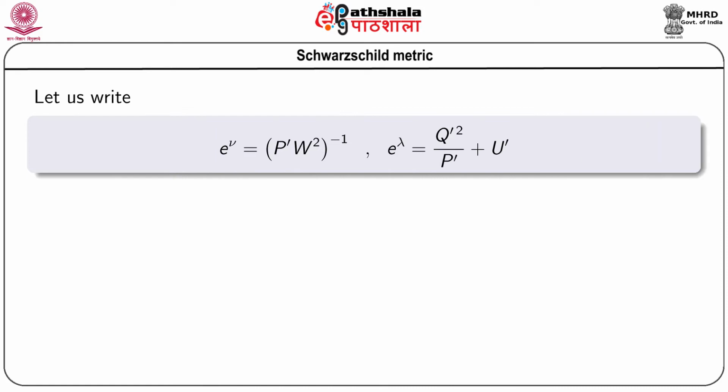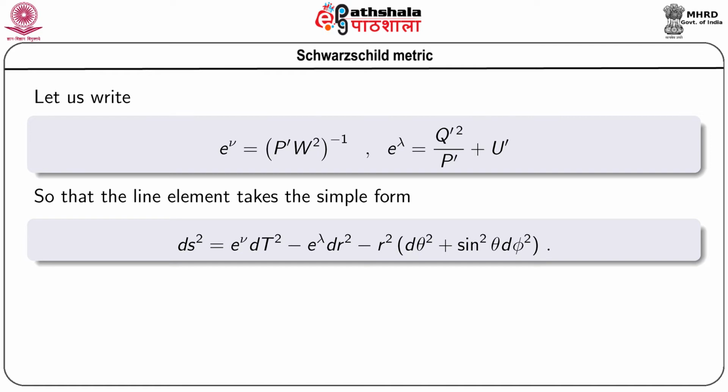Now, if I write p dash W square to the power minus 1, that means if we substitute 1 by p dash W square as e to the power nu and q dash square by p dash plus u dash as e to the power lambda, so that the line element takes the simple form ds square equals e to the power nu dT square minus e to the power lambda dr square minus r square within the first bracket d theta square plus sin square theta d phi square.